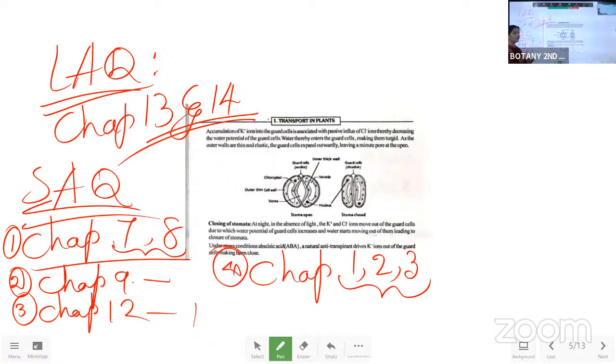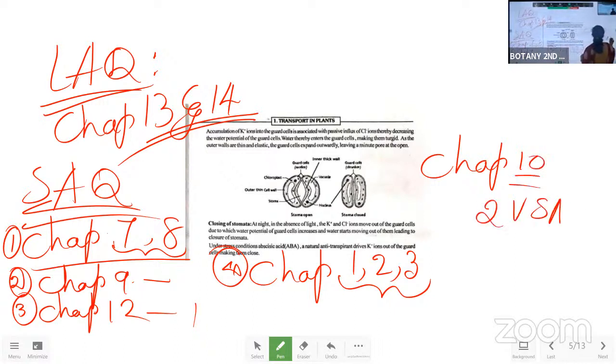And chapter 11 and chapter 14, and what else? Chapter 10. From this chapter, 2 VSAQs we will get. And chapter 11, 1 VSAQ we will get.